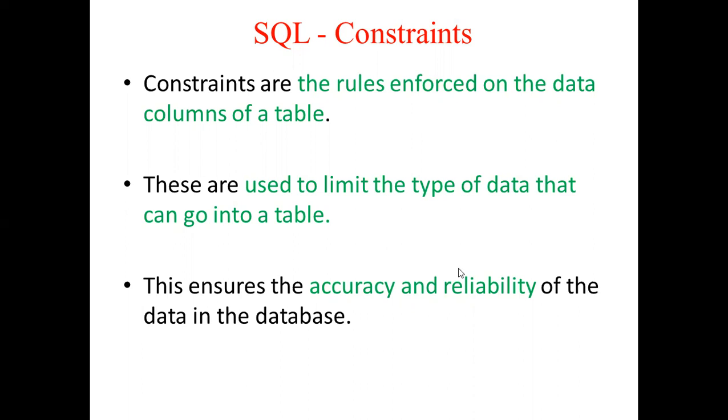Constraints are the rules enforced on the data columns of a table. Constraints are some kind of conditions, rules, regulations which are put on accessing or entering the data. The data which follows or satisfies that condition is the only data that enters.